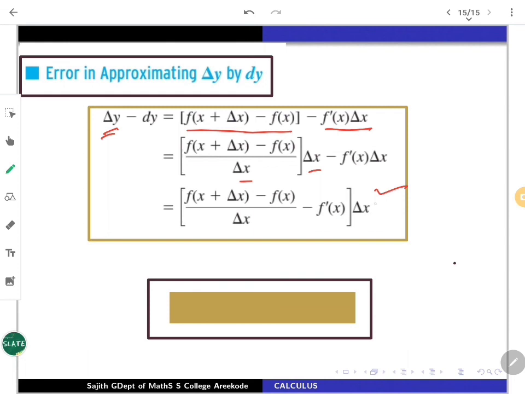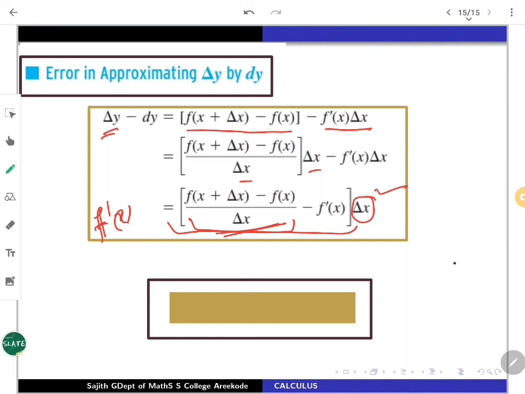Delta x is usually a small quantity whenever error is concerned. Now look at the bracketed expression. Whenever delta x is small, what does this first quantity stand for? It stands for f prime at x. So when delta x is infinitesimally small, this stands for f prime x and the difference is simply 0. It's a very small quantity.